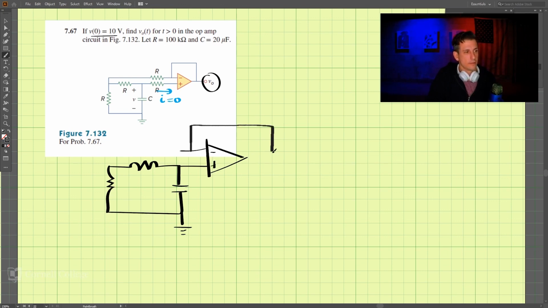And then we have our V out over here, and then a resistor here, which is then connected to that point. And we know that the capacitor is 20 microfarads, and this resistor is 100 kiloohms, and this resistor is 100 kiloohms. All resistors are 100 kiloohms.